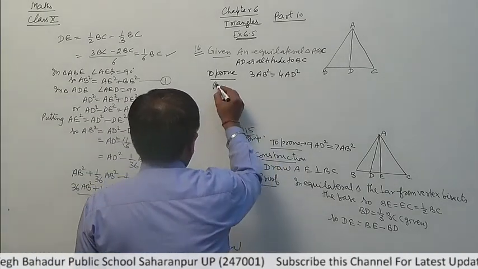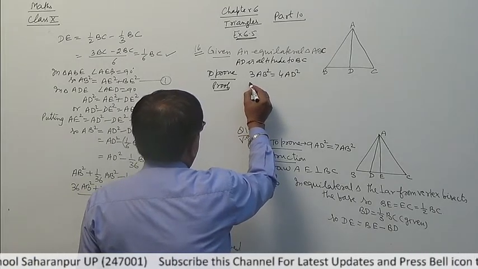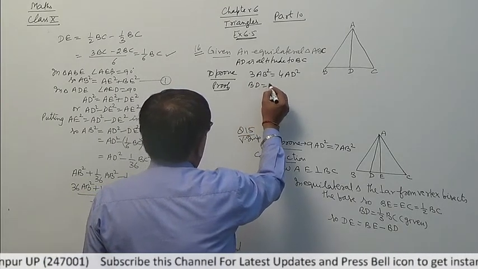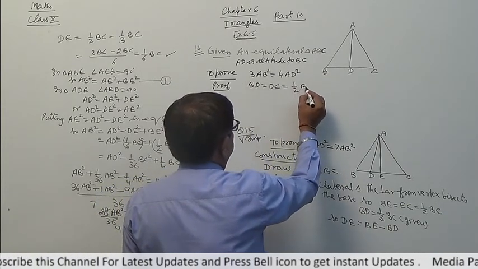Proof: BD is equal to DC is equal to half of BC.